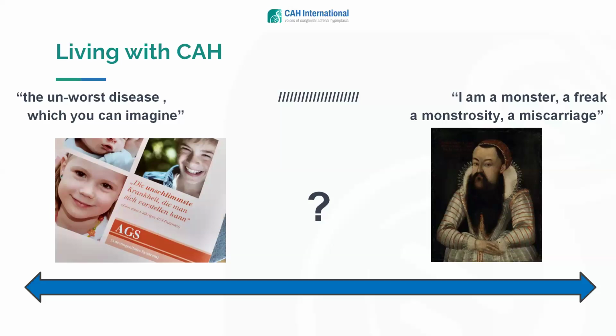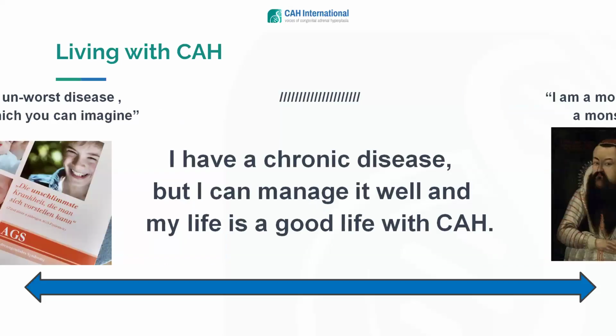And what I hope and aim for, and that's why I am in all this CAH work, is that we have to move those poles further. So I think saying it's an unworst disease is not realistic. For some it's an unworst disease, but nobody should.